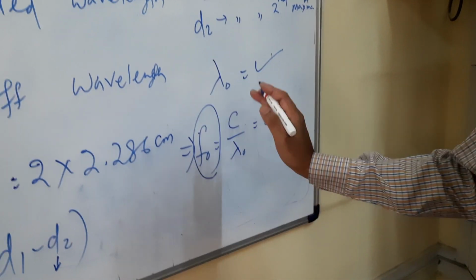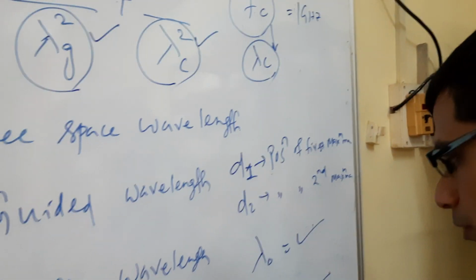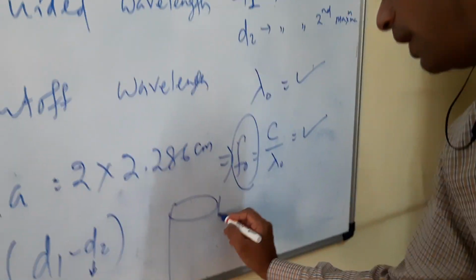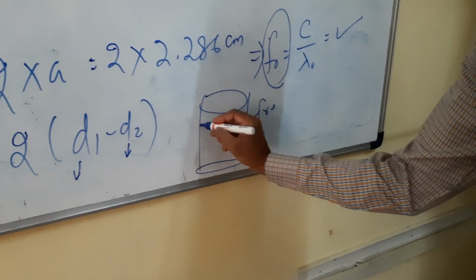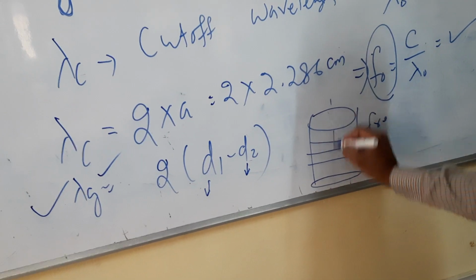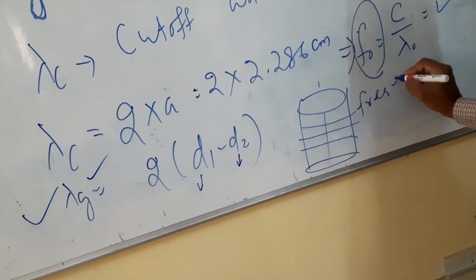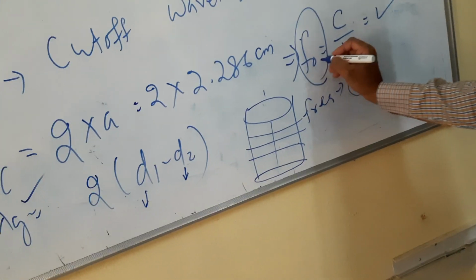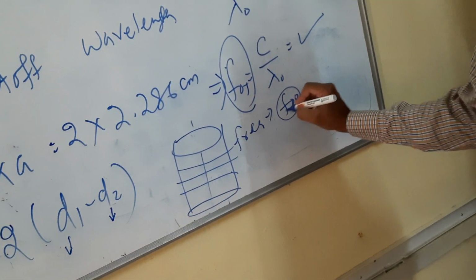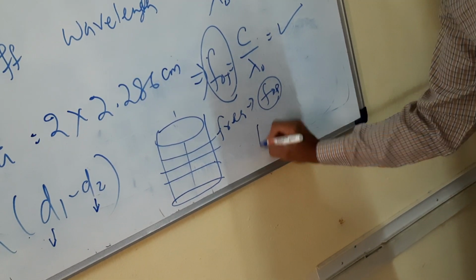Now by this formula, theoretically you can calculate f0, and we have a frequency meter. I have told you about the microwave test bench, we have a frequency meter where there are certain scales. From that frequency meter we will calculate the frequency. Okay, this is the theoretical, this is the practical. Now we calculate the percentage of error.